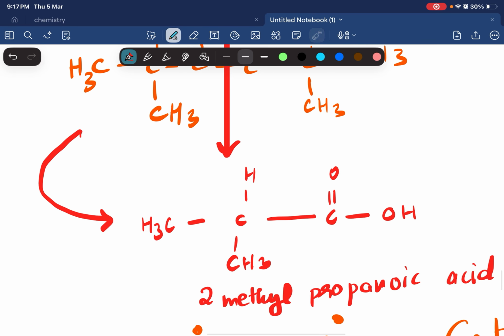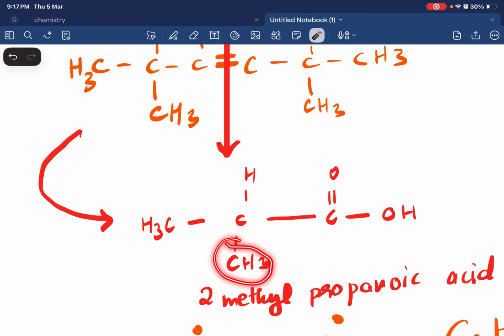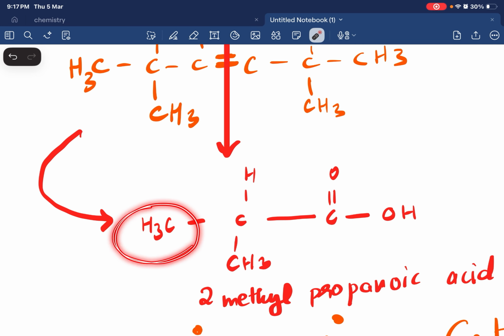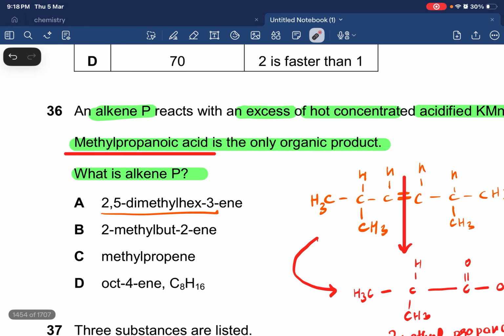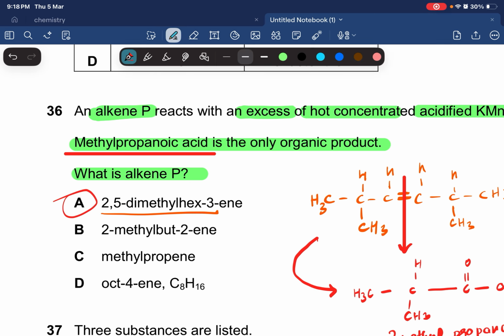Because if you attach a methyl group to carbon 1, you cannot do that, so you cannot make 1-methyl propanoic acid, and you cannot have a branch at the terminal end. So even if you don't write 2, that's going to work out. So option A is giving me methyl propanoic acid. So I'm going to circle option A.